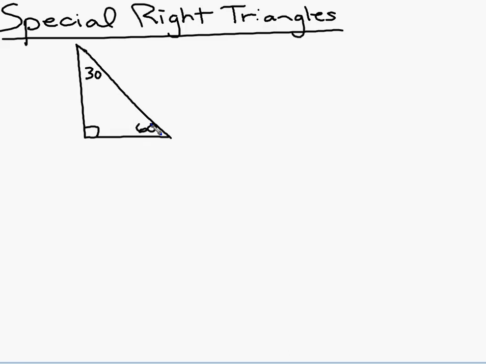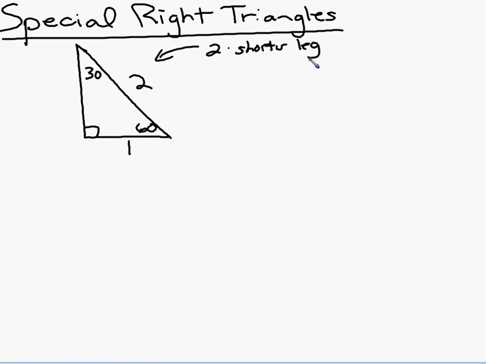If I have a 30, 60, 90, the side opposite the 30-degree angle is 1. Now, if that is true, then the hypotenuse is 2, or in other words, 2 times the shorter leg.